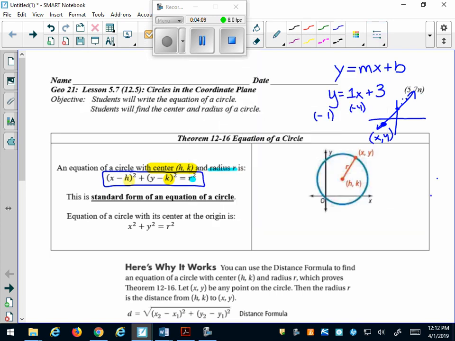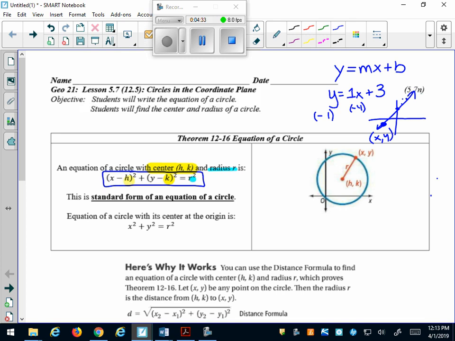Does this equation look sort of like something we've done before? Distance formula. Doesn't it look just like the distance formula? It definitely does.